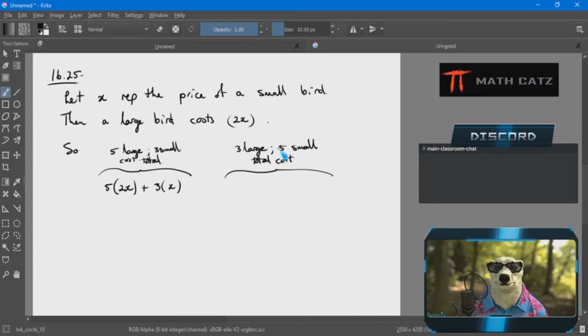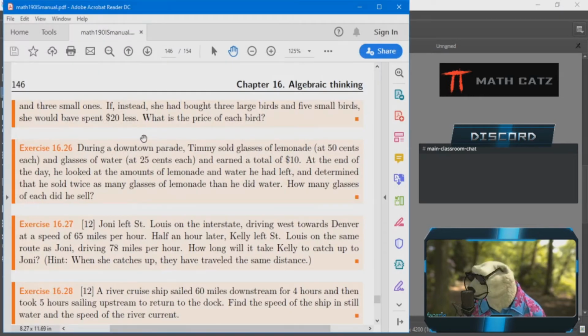Well, we do it in the same way. 3 large at $2x each, 5 small at x dollars each. So now they tell me how these two total costs compare. They say, if she did the second scenario, she would have spent $20 less.